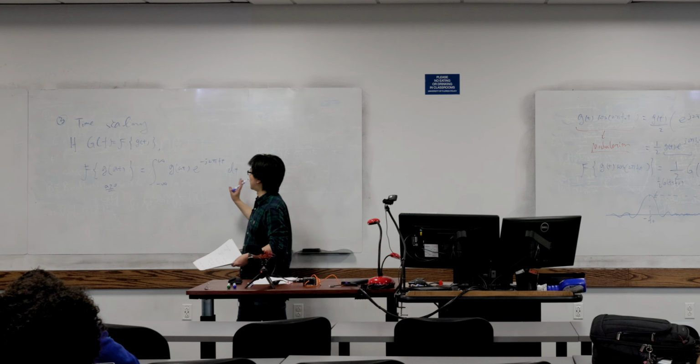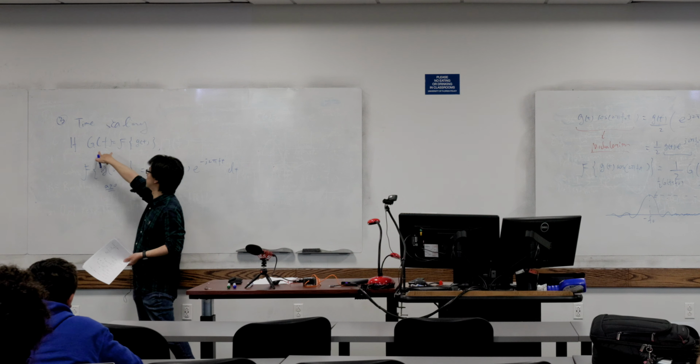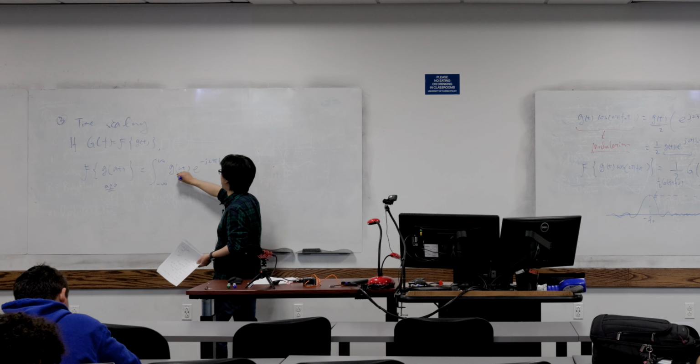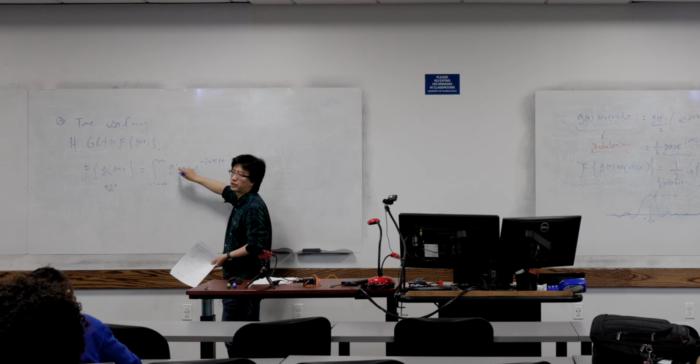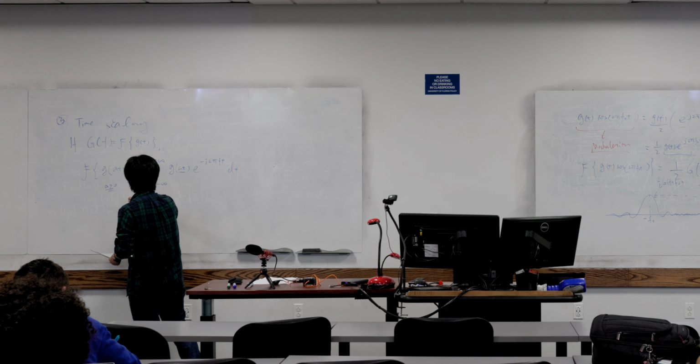Now how can we do that? We want to come up with something similar to G(f). In order to do that, we have this a times t, and we need a single variable here. So we do a substitution: we let u equal a times t.